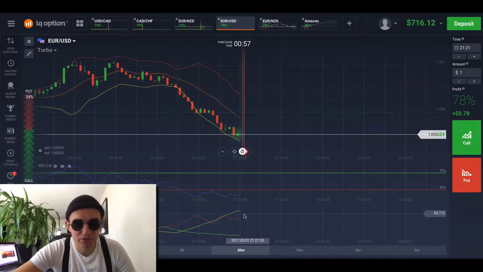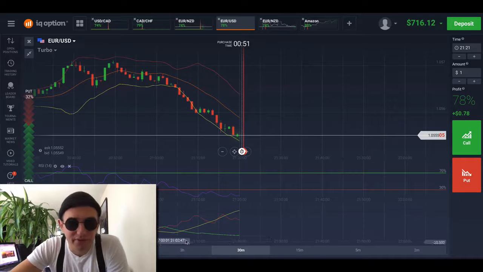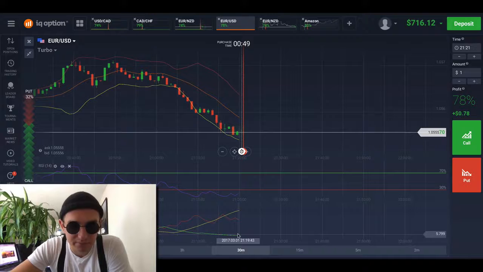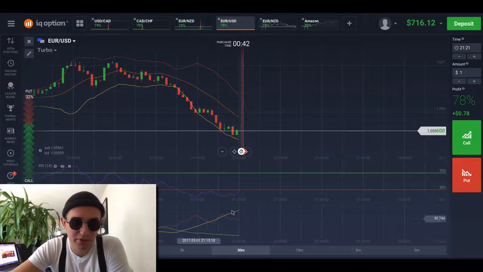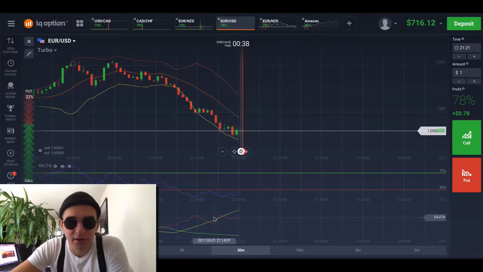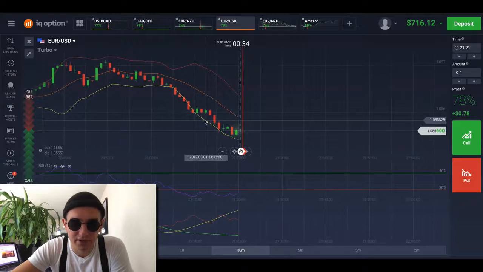There are three lines, but two of them indicate the trend. When the green line is up, it means that the upward trend is happening right now. When the red line is higher than the green line, it means that the downwards trend is going on.